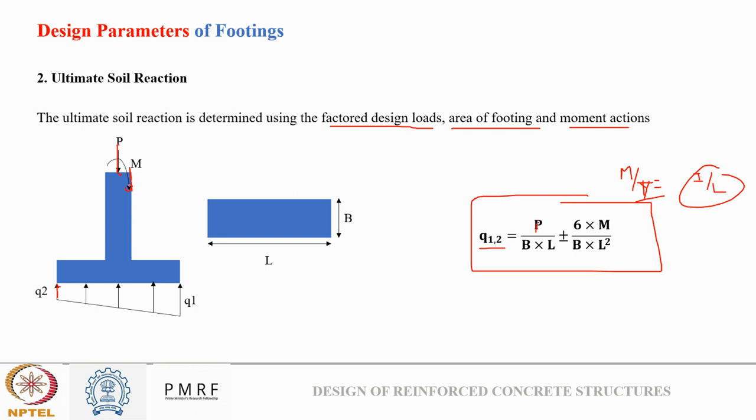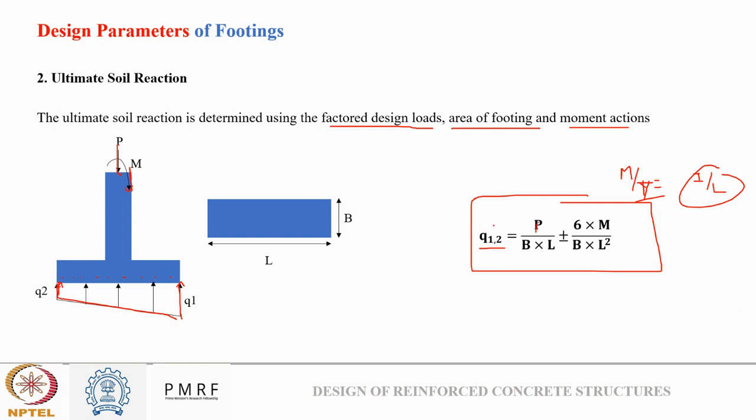Since there is some moment also acting, this is the eccentricity part which can be created. That's why there will be a maxima here and a minima here in the safe bearing capacity, and this distribution is also important for us to know so that we can design for the reinforcement that is actually needed.